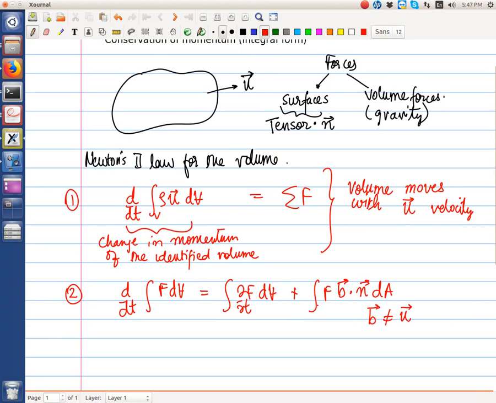This statement is always valid, as we have derived in the video on Reynolds transport theorem. So these integrals are over starred quantities.